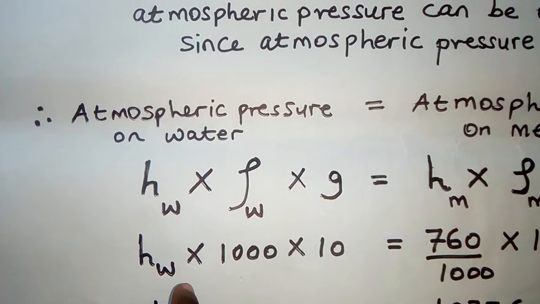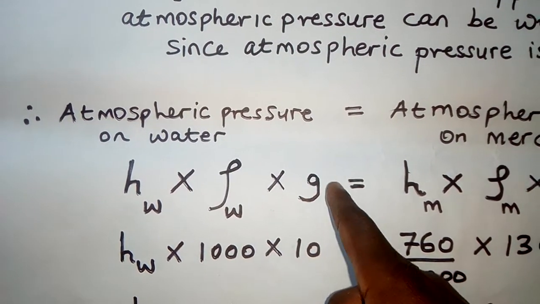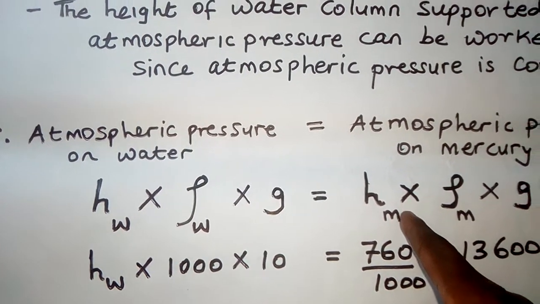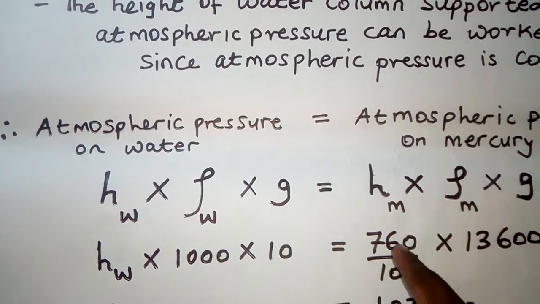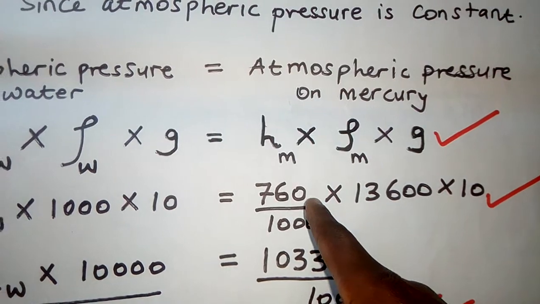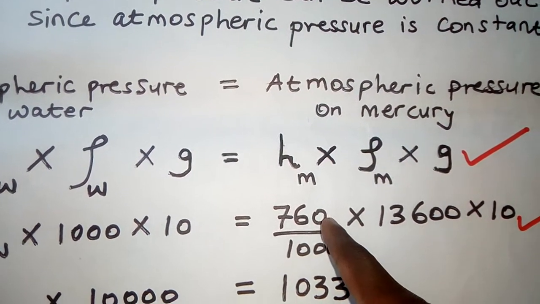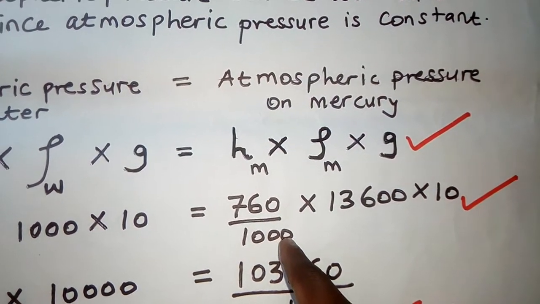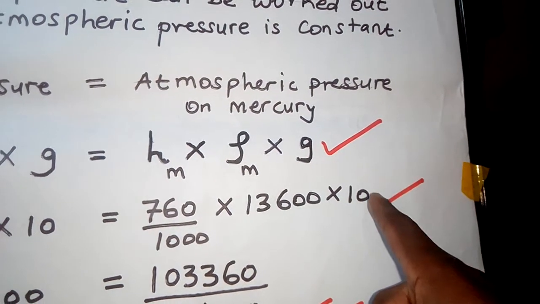So we shall say the height of water supported by atmospheric pressure, which is the one we are looking for, times the density of water, 1000, times acceleration due to gravity, 10, equals the height of the mercury column, 760 millimeters of mercury, which we change to SI units in meters by dividing by 1000, times the density of mercury, 13,600, times 10.